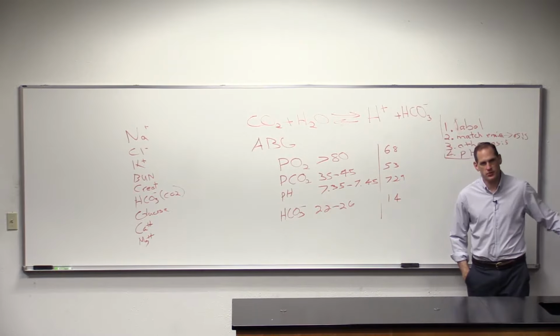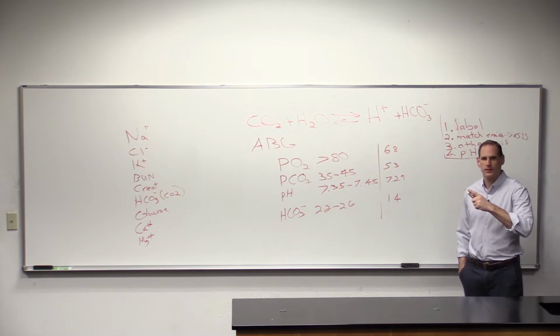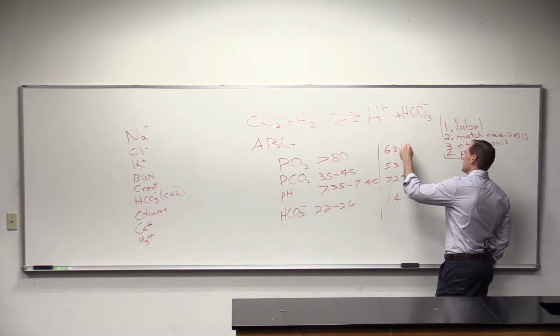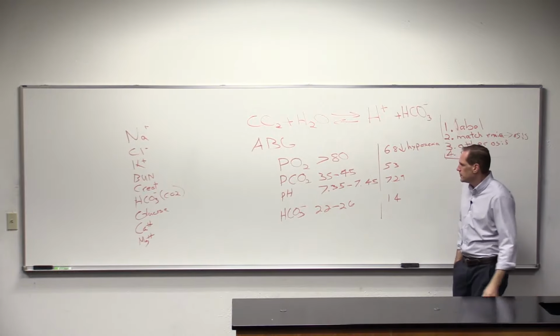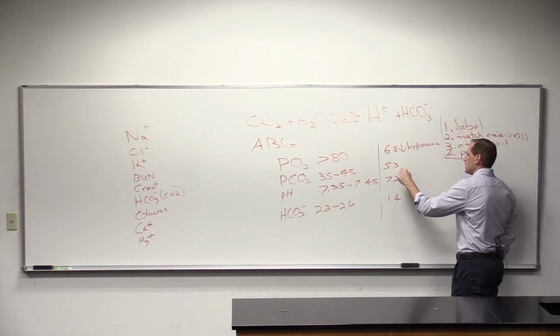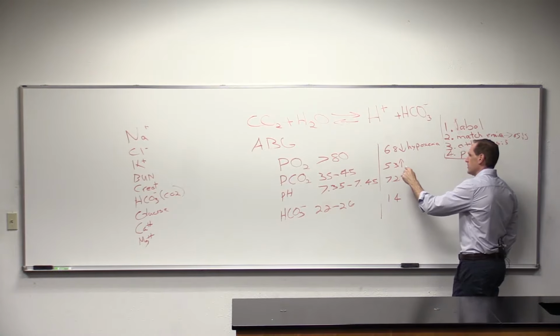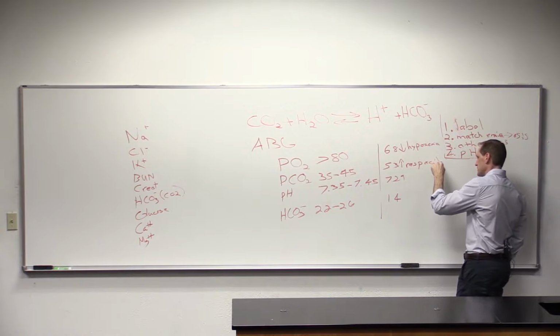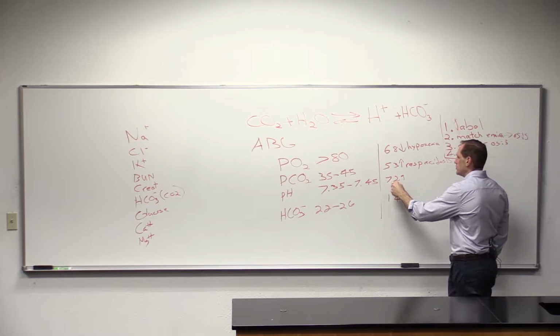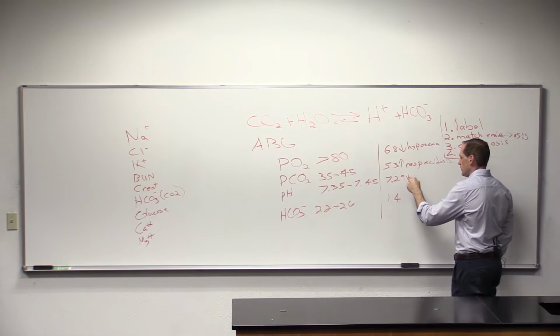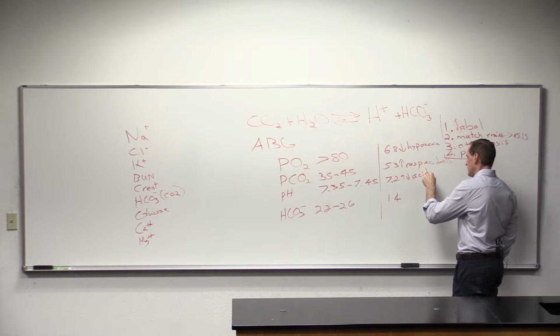Okay, PO2, low. What do we call that? Hypoxemia. Carbon dioxide of 53, that's high. And so respiratory what? Acidosis. pH of 7.29, low, which is acidemia.